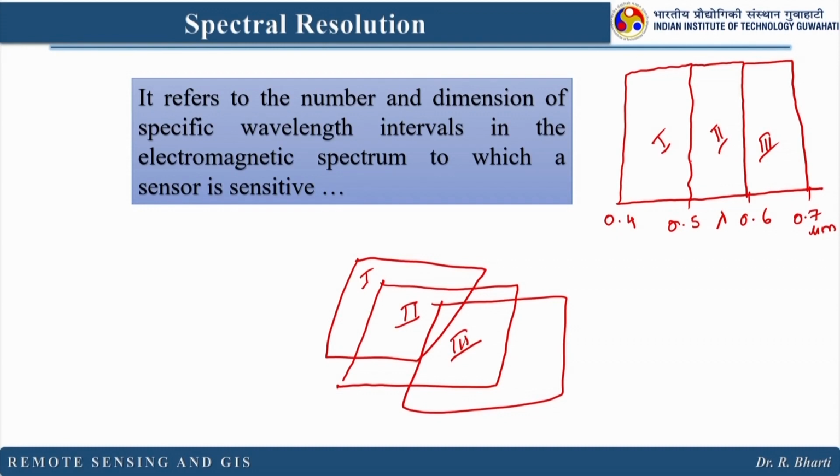If your sensor is capable of resolving only the 0.4 to 0.5 micrometer wavelength range, then it can generate one image for that area. Another set of detectors which are capable of resolving this 0.5 to 0.6 micrometer wavelength range can generate the second one and the third one likewise. Once you have this kind of information, then what will happen? For this particular case, you consider these three as the bands.